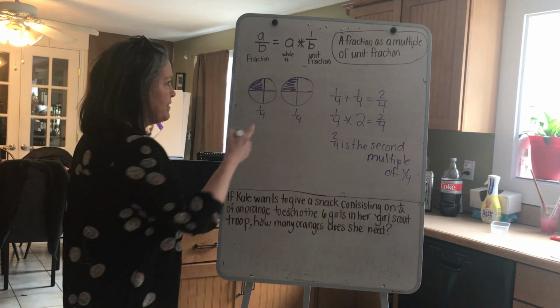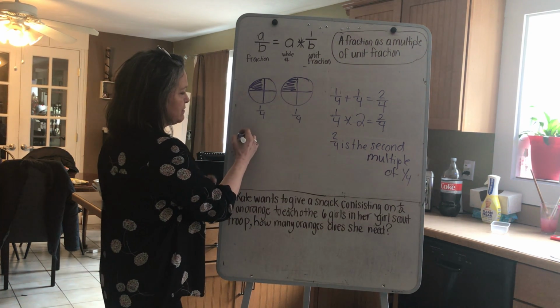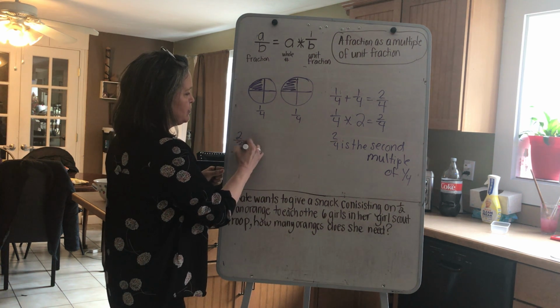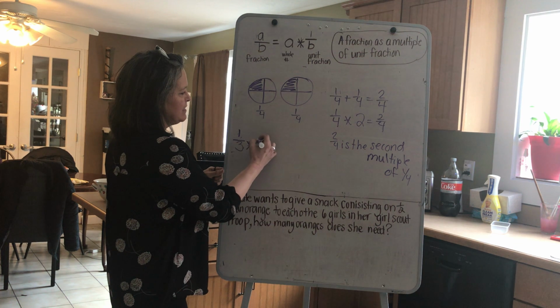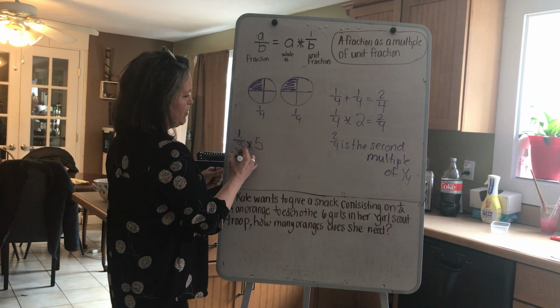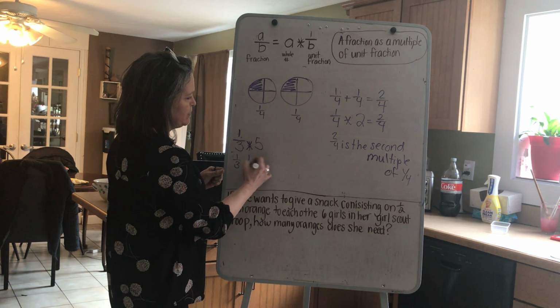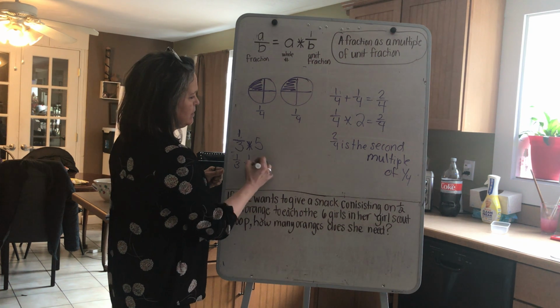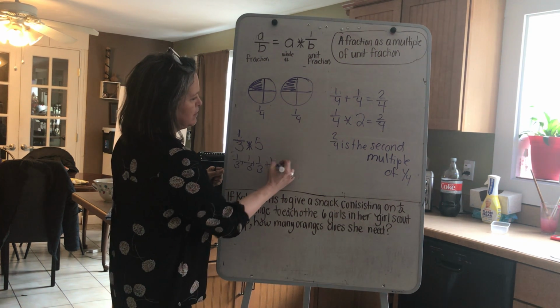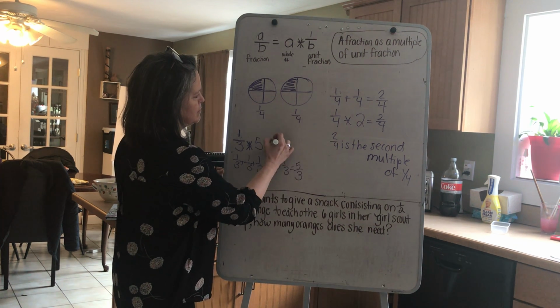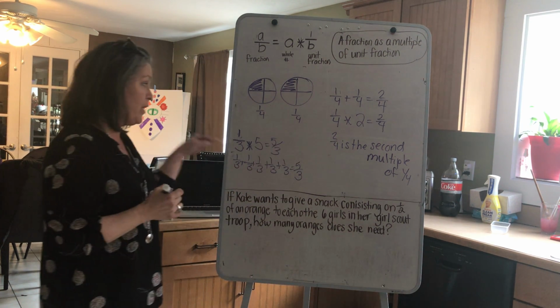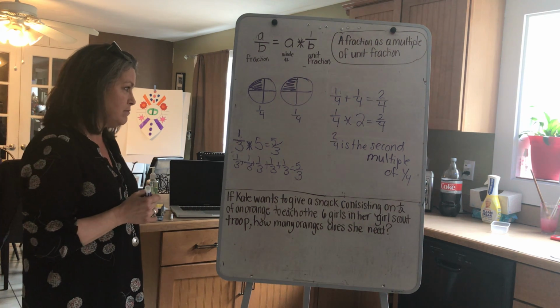So if you were given a sentence that looked like this, keep it a unit fraction, 1/3 times 5, or shown 1/3 plus 1/3 plus 1/3, and they said, okay, now you have to draw a picture, what would you do?